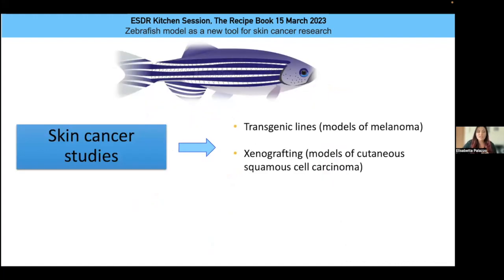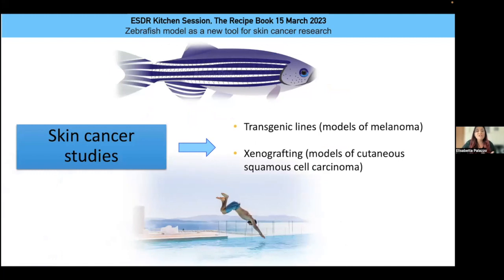We are going to see in a little detail the development of the transgenic lines in order to obtain models of melanoma, and the xenografting model of cutaneous squamous cell carcinoma. The xenografting protocol is something that our lab developed and we use really frequently to obtain xenografting models with skin cancer.